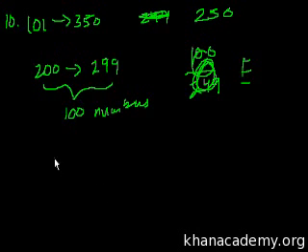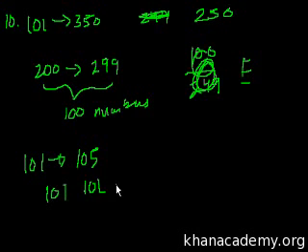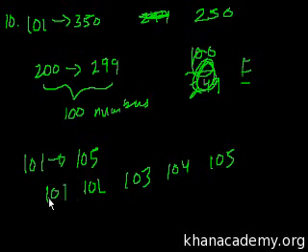You have to make sure you get your boundaries right on these. If we said from 101 to 105, how many are there? This would be 101, 102, 103, 104, and 105. So it's 1, 2, 3, 4, 5. It's 5 numbers. So it's 105 minus 101 plus 1.